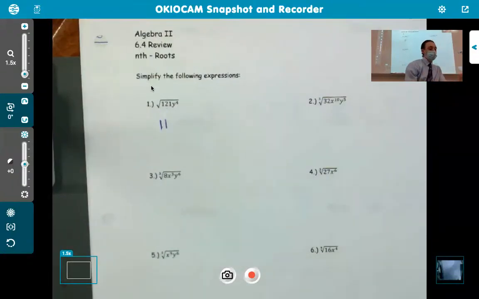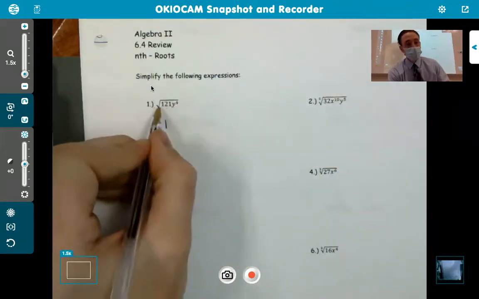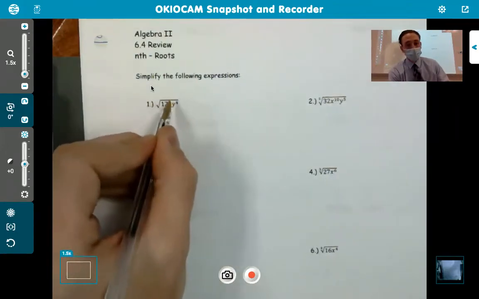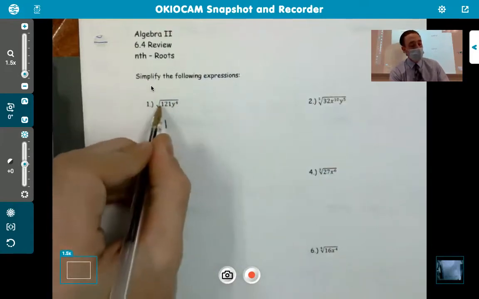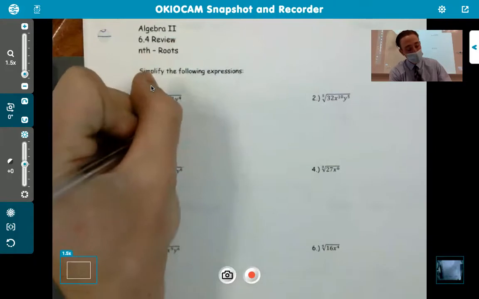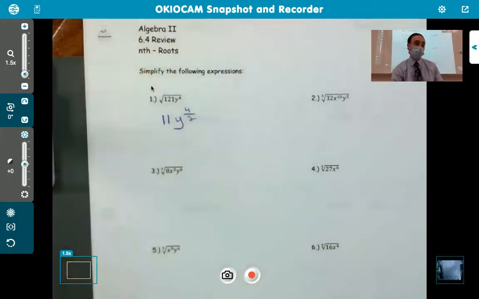Identify the index, take that root of your constant term, and then work to any variable with an exponent. I have y to the 4th, but I'm taking the square root. When I have a variable raised to an exponent and I'm taking the root of that, it's the same thing as writing that variable to the exponent divided by the index.